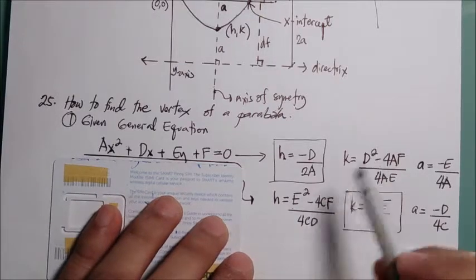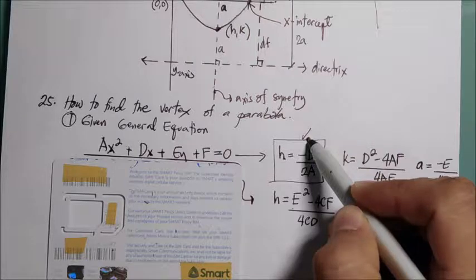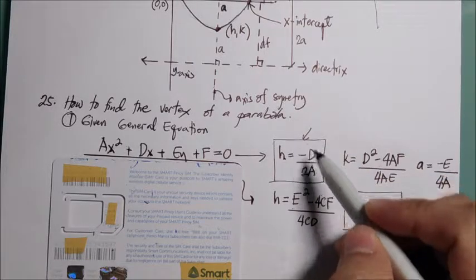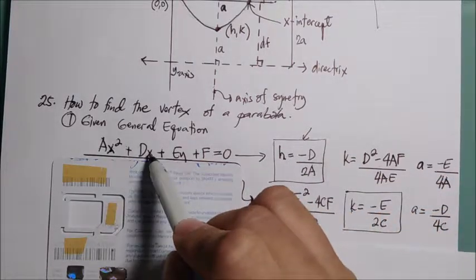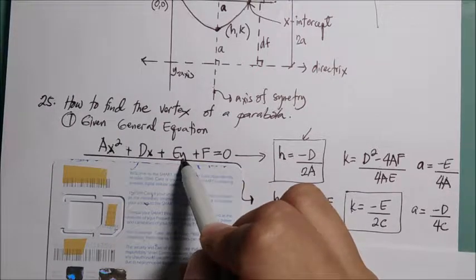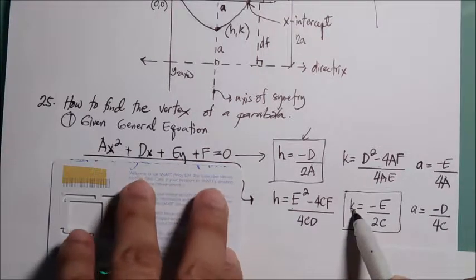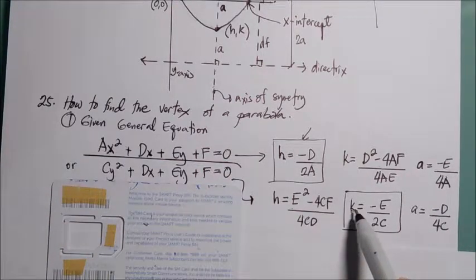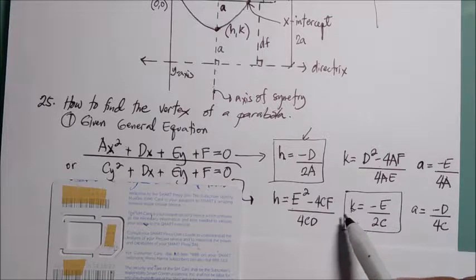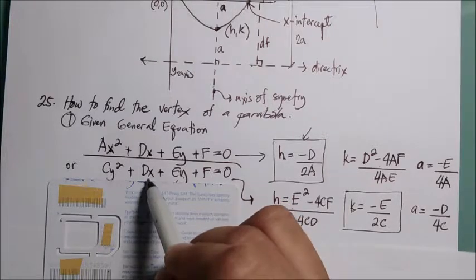if you know the value of h, or the x coordinate of the vertex, you can substitute it into the equation here, so you can compute for the value of y. And if you know the value of k, the y coordinate, you substitute the value of y here for you to solve for the value of x.